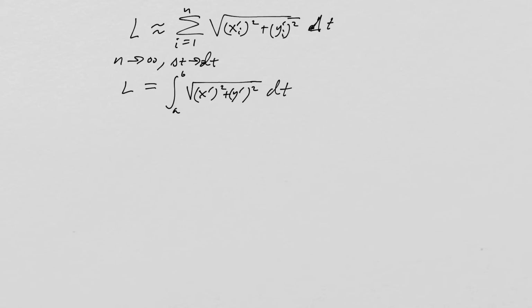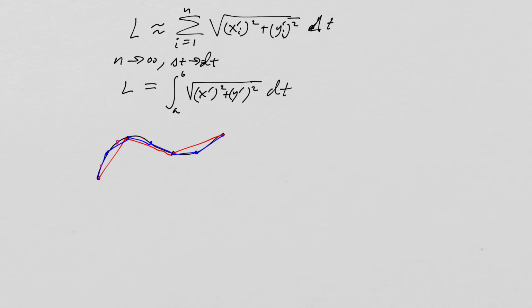Okay, and so the idea here is, of course, if this is your curve, you start out with a coarse partition like that. And of course, the L is not going to be very good, but then if you go to a finer partition, you're going to get a better approximation.